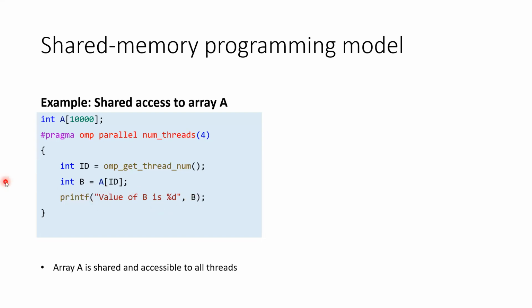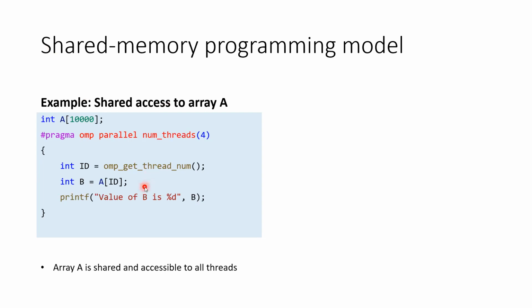When I enter this parallel region, all threads, say 1, 2, 3, 4, have access to array A, and they can read the value in parallel and save it to B. So A is shared among all threads. As I mentioned in my first couple of slides, the shared memory is managed by the operating system as part of the common address space among multiple threads.